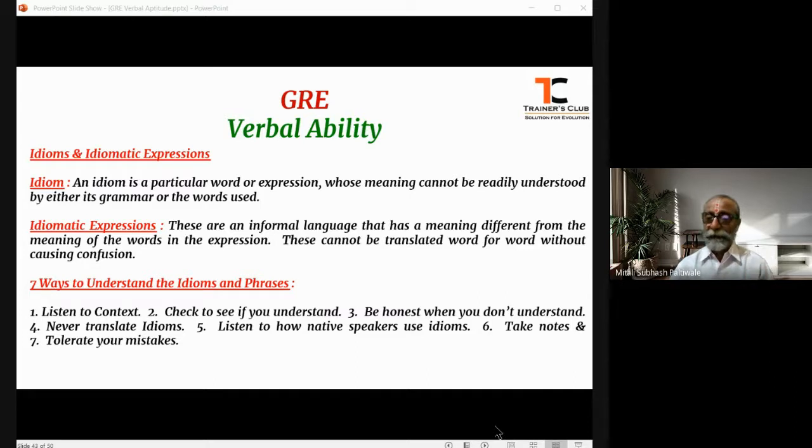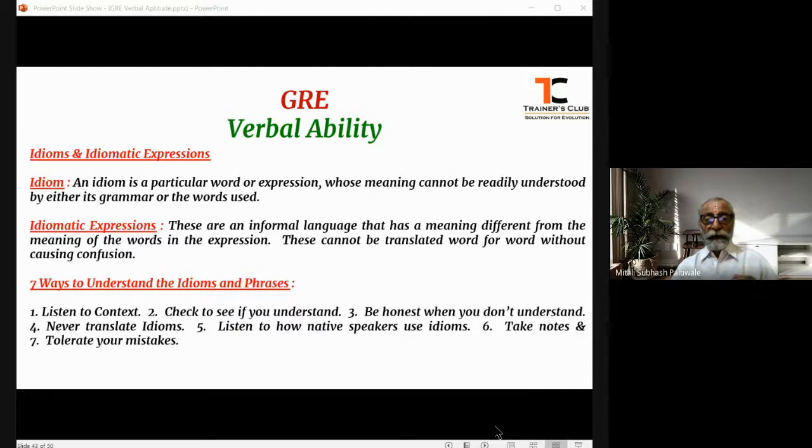When we use them as an idiom or a phrase, the words that are used and the grammar in that particular phrase will not be the same. The meaning will be something different. That means to connect them logically, we have to understand what that saying is all about.